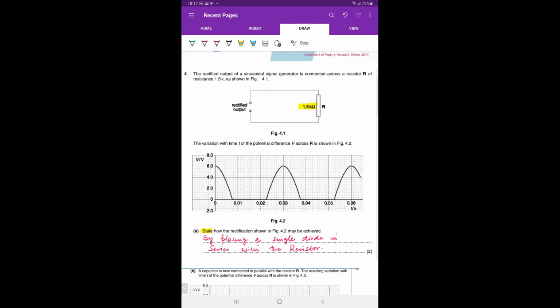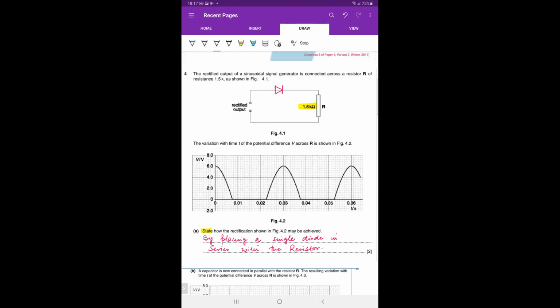So if they expect you to draw it, तो बस एक डायोड बनाना है. It doesn't really matter कि आप कहाँ पर बनाते हो. In case if needed, just draw it anywhere in the circuit. Since this is half wave rectification, we can achieve this kind of a shape by simply using a single diode as shown in the diagram.